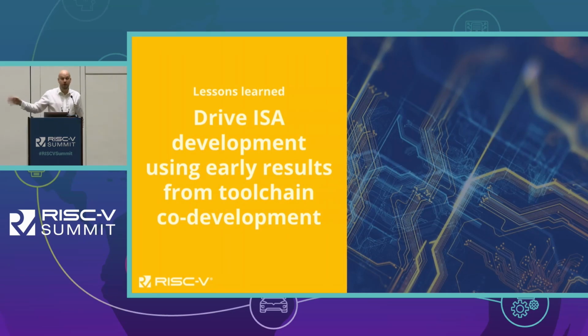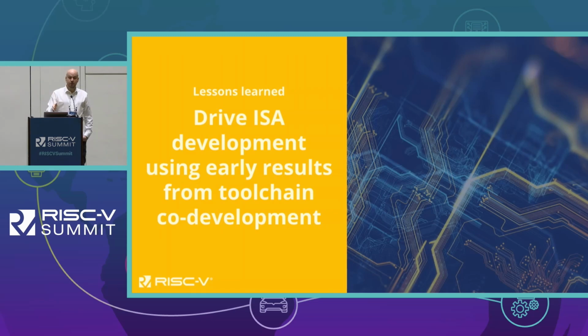What we learned from that is that if we want to drive ISA extension development in a manner that benefits the software most, and let's not forget we have to be very careful about the limited resources we have, every opcode in the 32-bit space that we use is used up. We can't recover that.